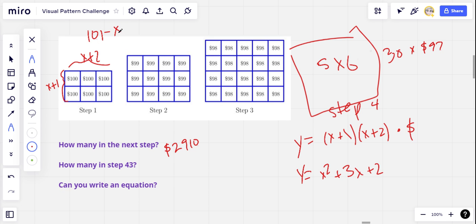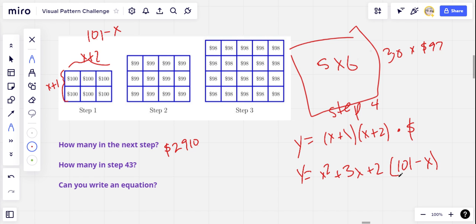So in step 1, I put a 1 in for x. That would give me 100. 101 minus 1 is 100. And in step 2, 101 minus 2 would be 99, and that's what the dollar value is. So our whole equation then is going to be times (101 minus x).